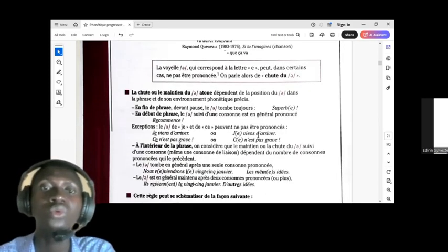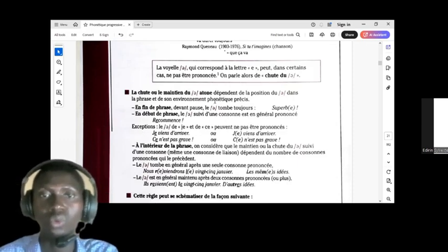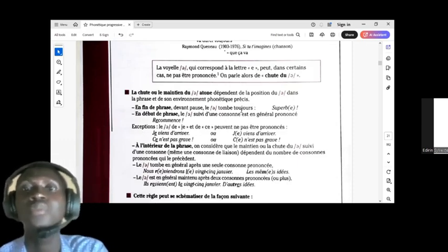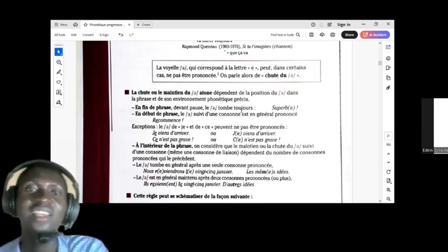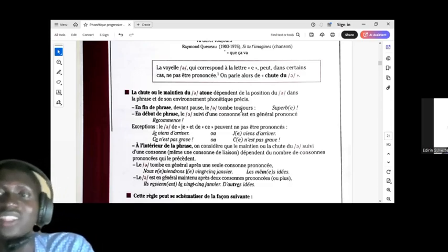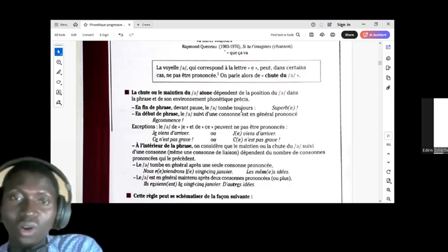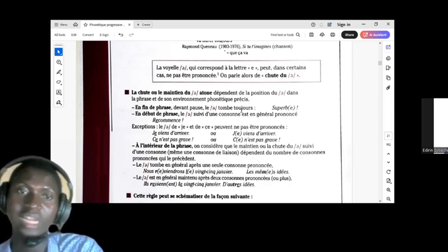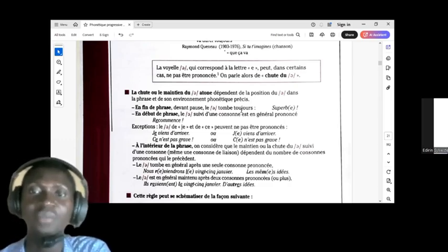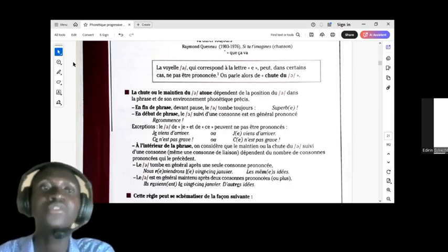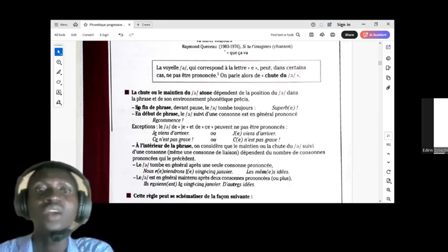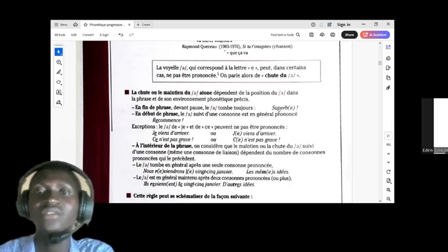La chute ou le maintien du E dépend de la position du E dans la phrase et dans son environnement phonétique précis. That is, whether the phoneme is pronounced or not depends on where it is. Take, for example, when you have the letter E at the end of a word, as in superbe.